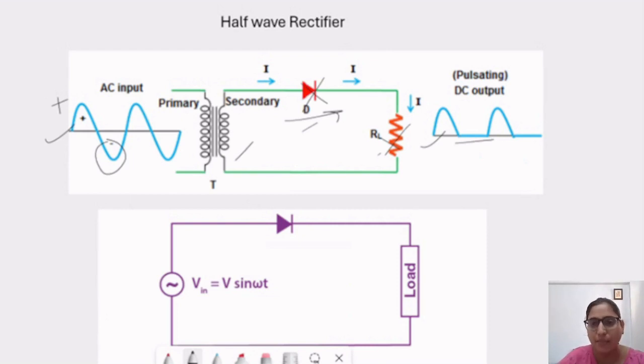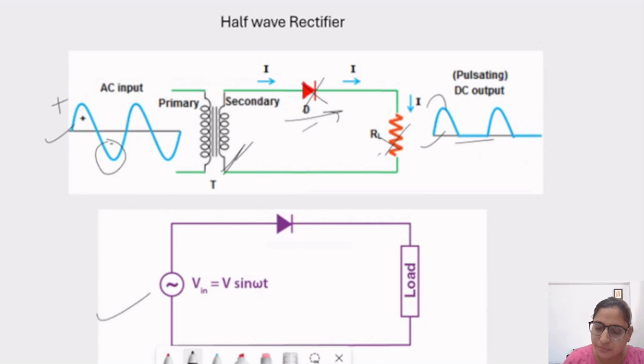So this is the basic mechanism we are following. We know that a diode is a unidirectional device, so it can flow current in one direction only, when it is in forward bias. Here we can assume that if it is an ideal diode, the resistance of the ideal diode is minimal. So the whole input which we are receiving at the secondary comes towards the output.